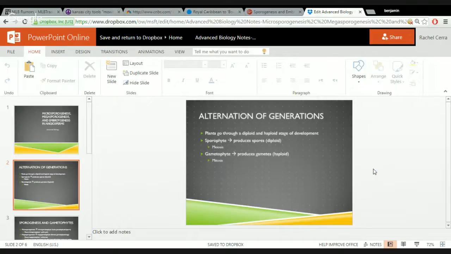The two different generations that plants go through are the sporophyte and then the gametophyte. The sporophyte is able to produce your spores. At this stage of the life cycle, the plant is considered to be diploid, so it's got both sets of chromosomes in every cell, or both copies of each gene.